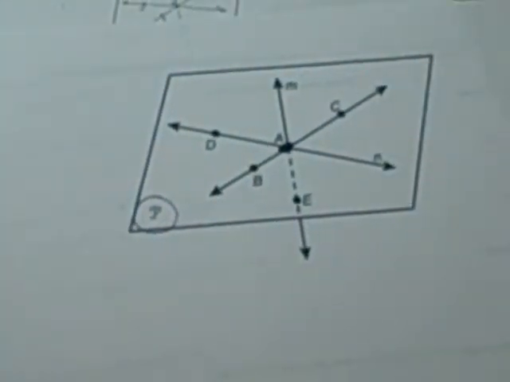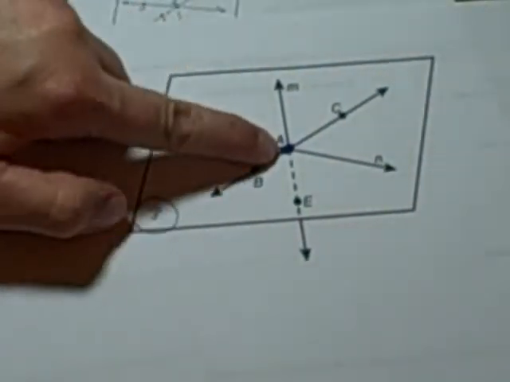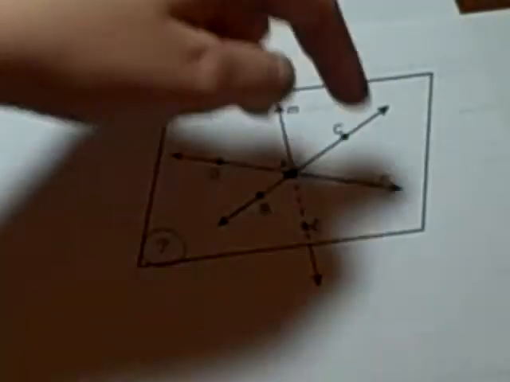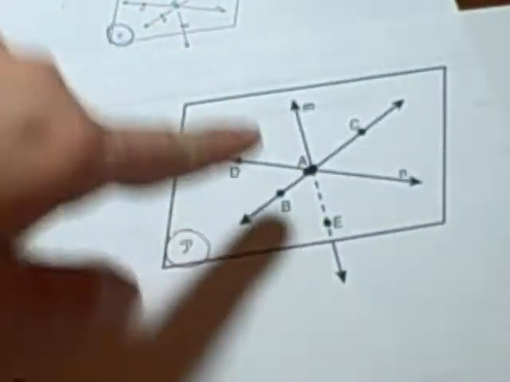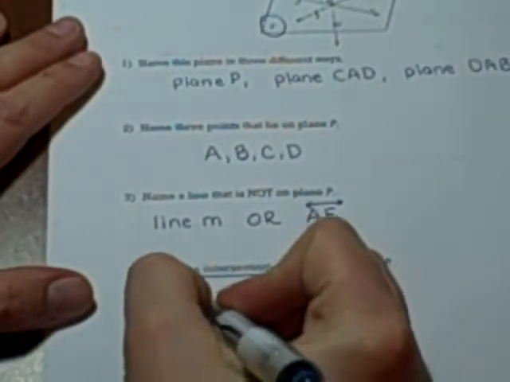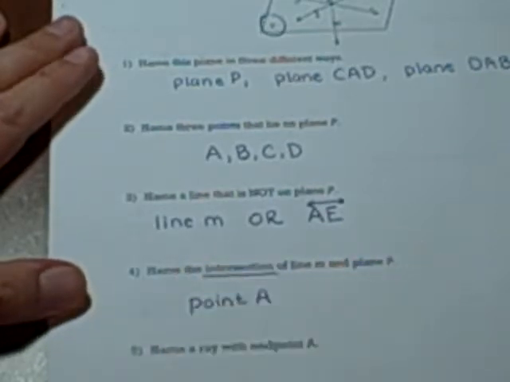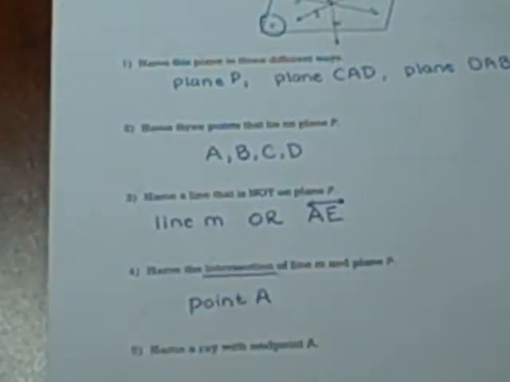Oh, I'm sorry, I'm a little bit off-centered there. So this point right here is where that line is going to go through the center of that plane. So the intersection of this line and this plane would be point A. Okay. Again, intersection is asking about where they meet.